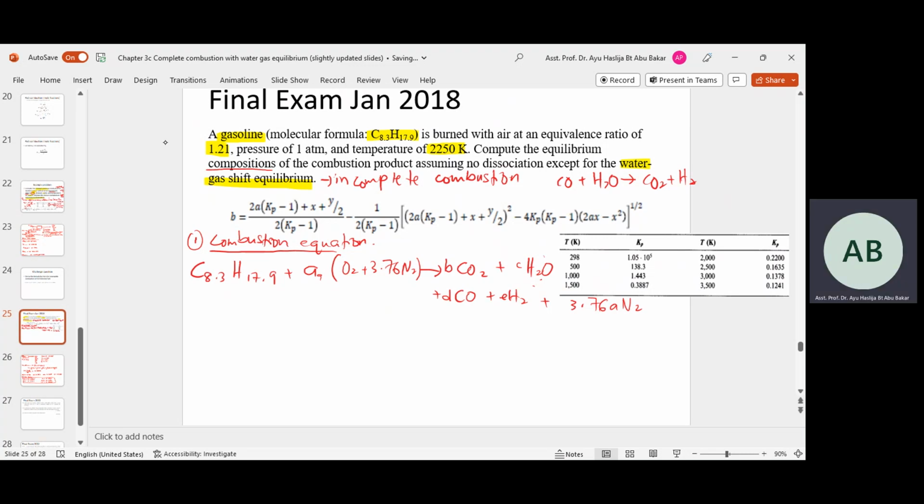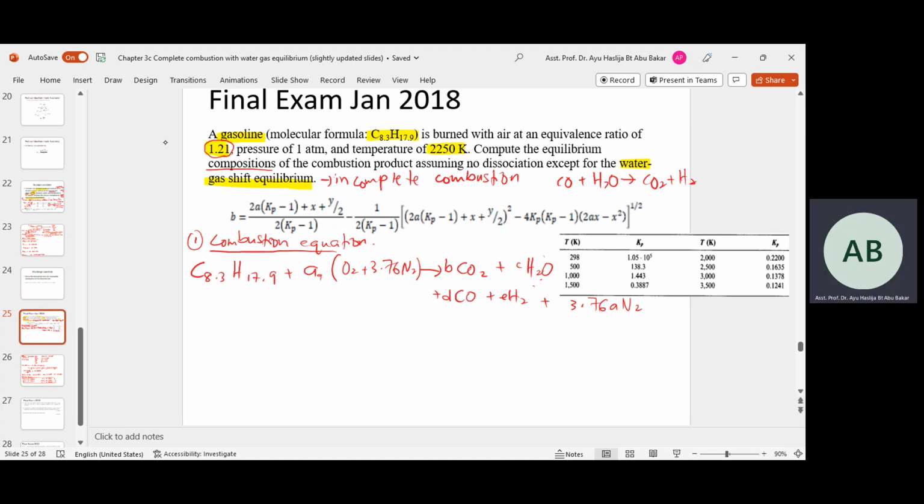Now, how to find the A? You are given the equivalence ratio over here. A stoic we can get from the molecular formula.